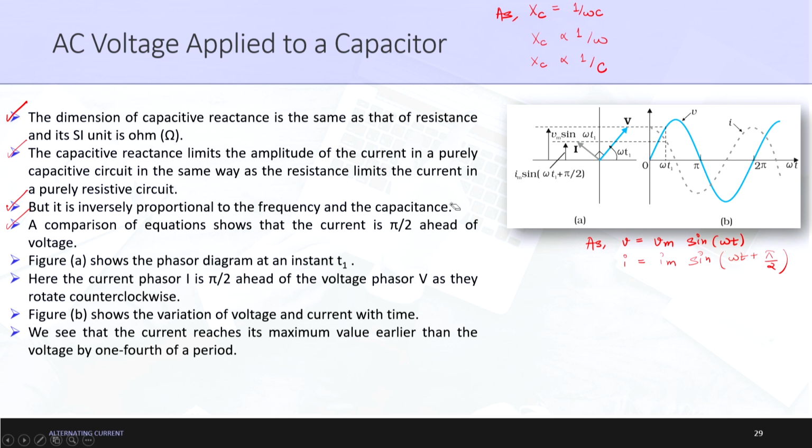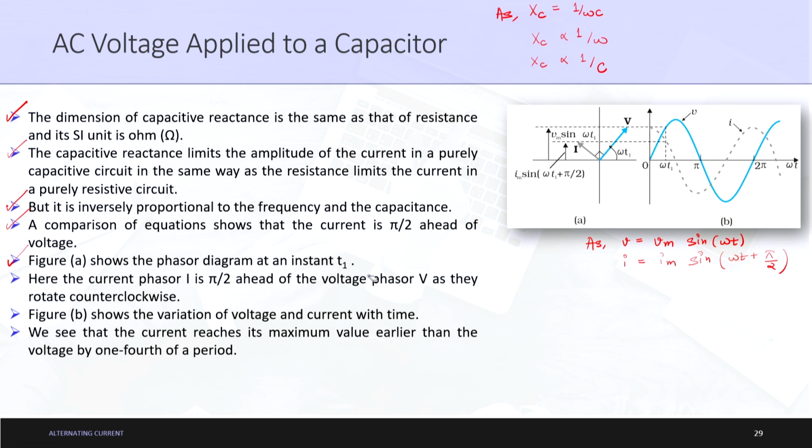Again trying to draw the diagram for your waveforms, just draw horizontal lines from here, and you will get the value of voltage at time t1. Similarly for the value of I, draw horizontal lines and you will get the value of current at time t1. Then figure A shows a phasor diagram at instant t1.